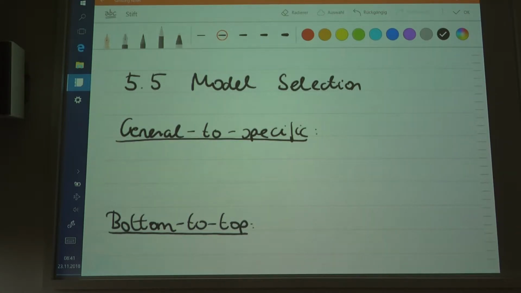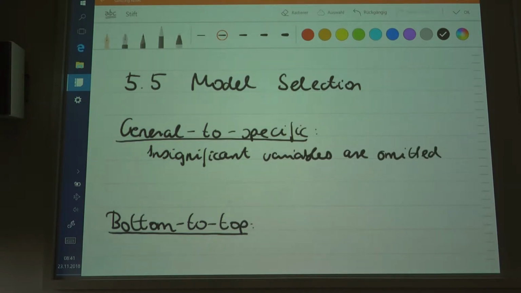So insignificant variables are omitted from a relatively large model.